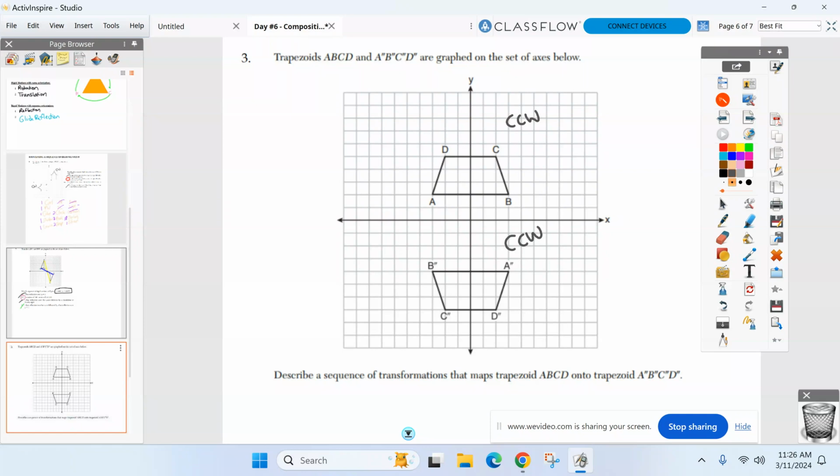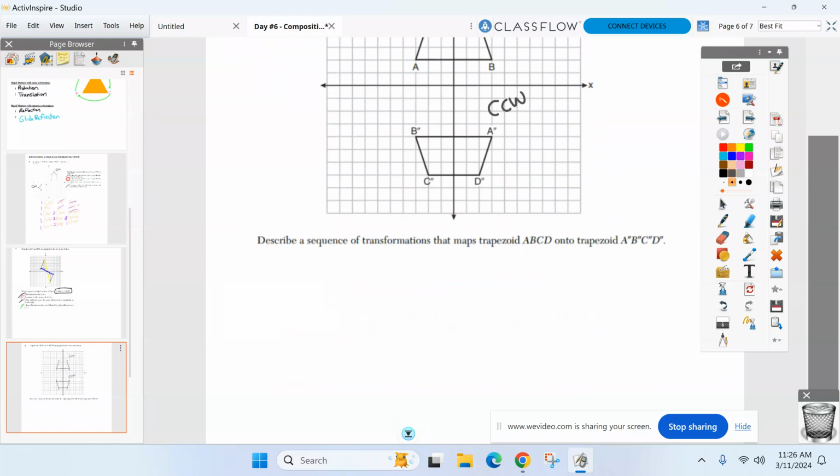All right, so here's how I matched them up. Maybe a majority of you matched them up this way. We'll see. If you didn't, I still want to hear it to make sure it's correct. So I did a rotation. That word's not good enough. If you're going to put that word, you better have it with a degree measure as well. So rotation of 180 degrees, and that's not even good enough.